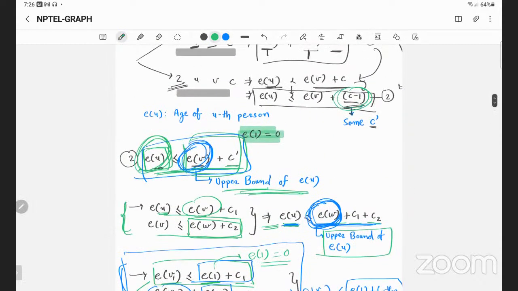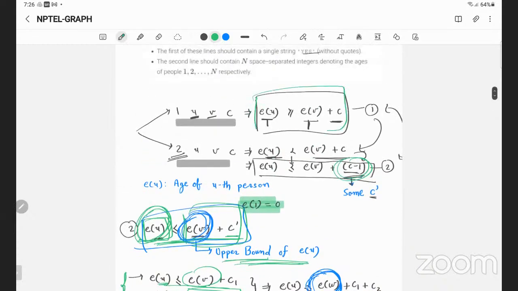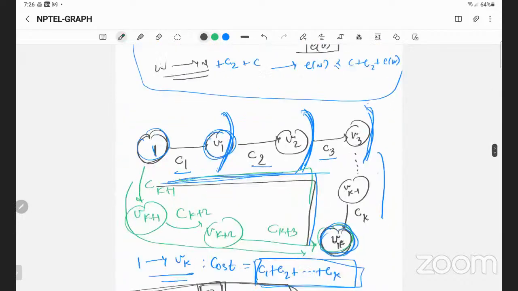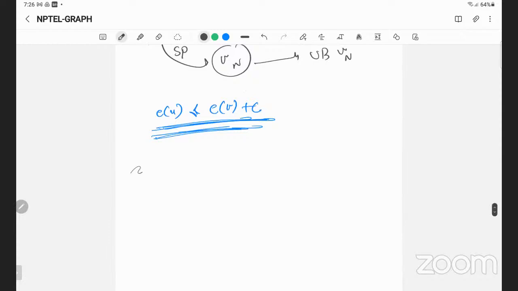There is this type of inequalities also, which is type 1. EU is greater than or equals to EV plus C. So let's see what we will do in this type of inequalities. EU is greater than or equals to EV plus C. Right.